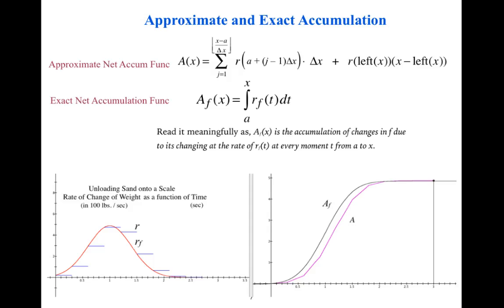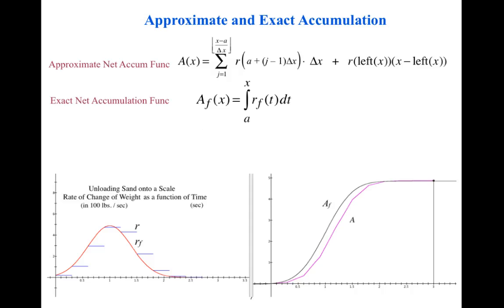Remember that t starts at A and increases up to x so that we can have that exact rate function working for us as x changes from A to the final value of x. That's the meaningful way to read that.